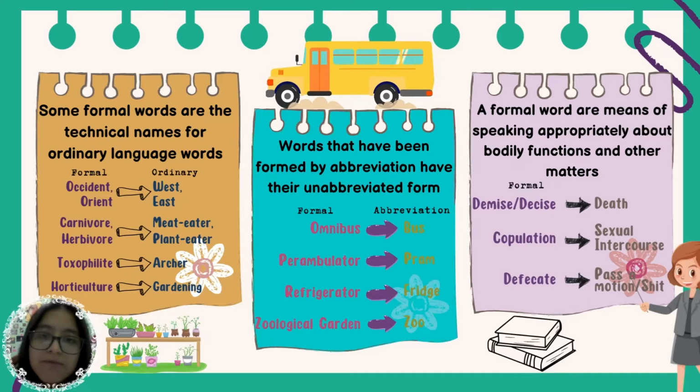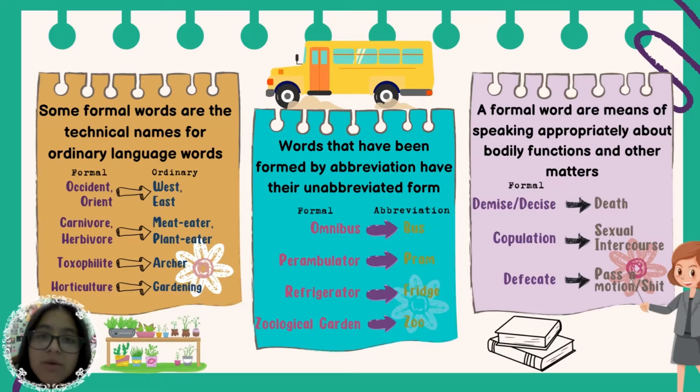Then, words that have been formed by abbreviation may have their unabbreviated form as a formal equivalent. For example, the word omnibus is the formal equivalent for bus. Perambulator is the formal word for pram, refrigerator for fridge, zoological garden for zoo.